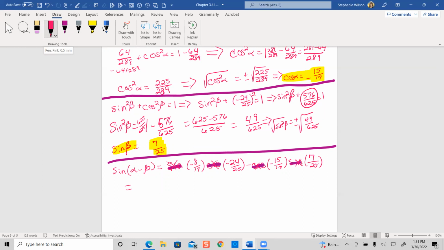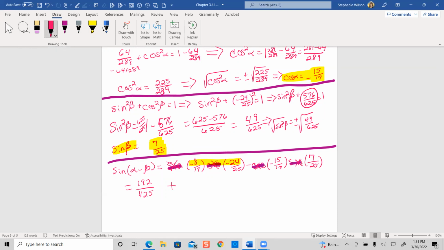So now what I'm going to do is basic multiplication. We multiply straight across. So I got negative times negative, 8 times 24. So negative times negative is positive, and 8 times 24 is 192. 17 times 25 gives me 425. And then I got a negative here. However, I got a negative times positive.